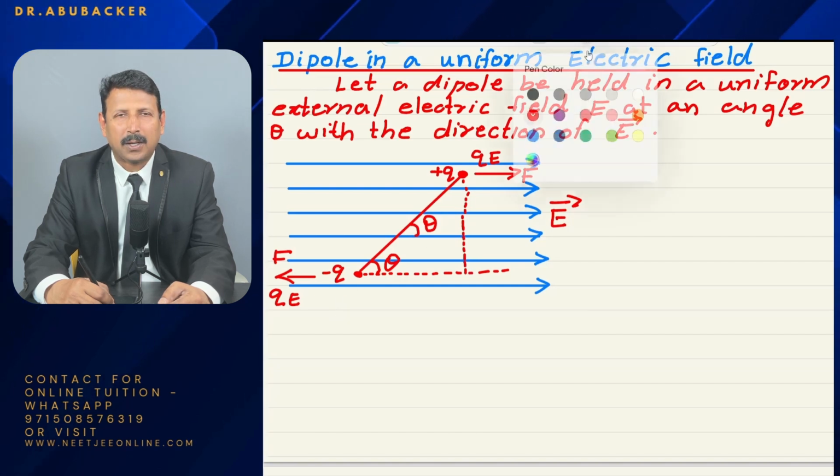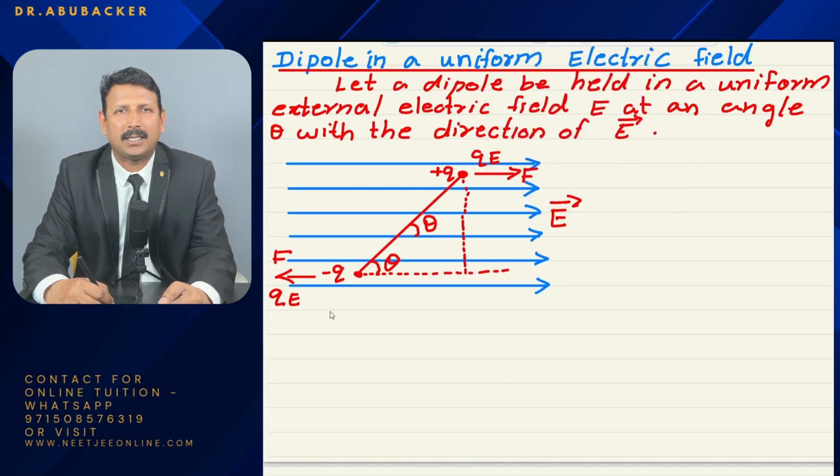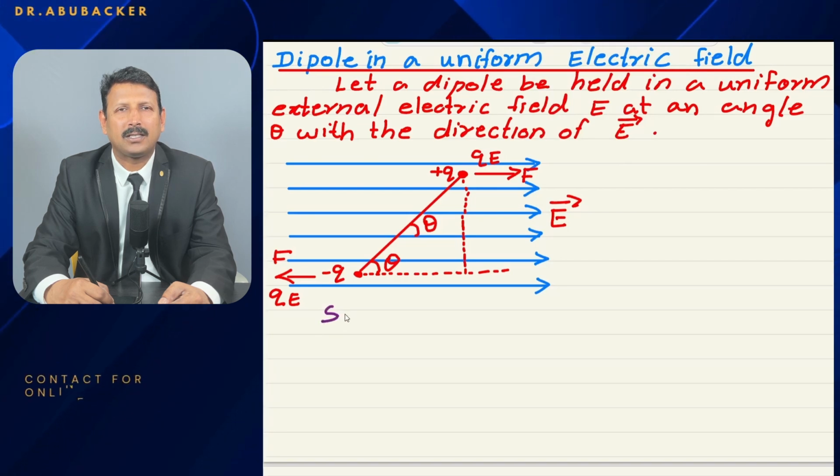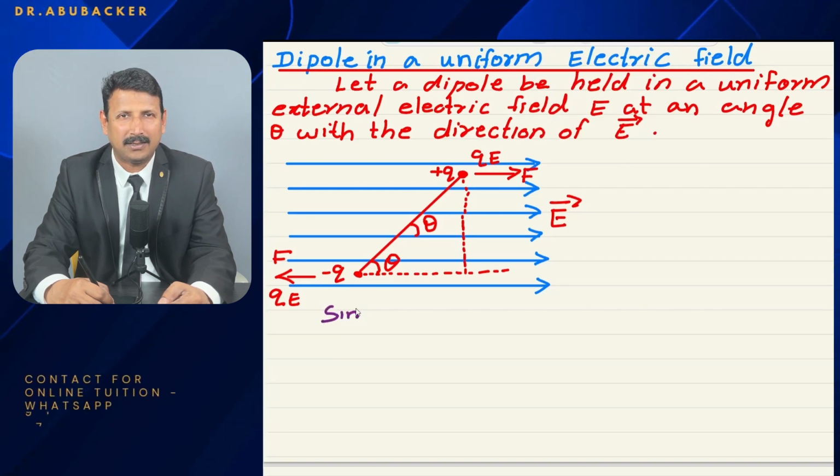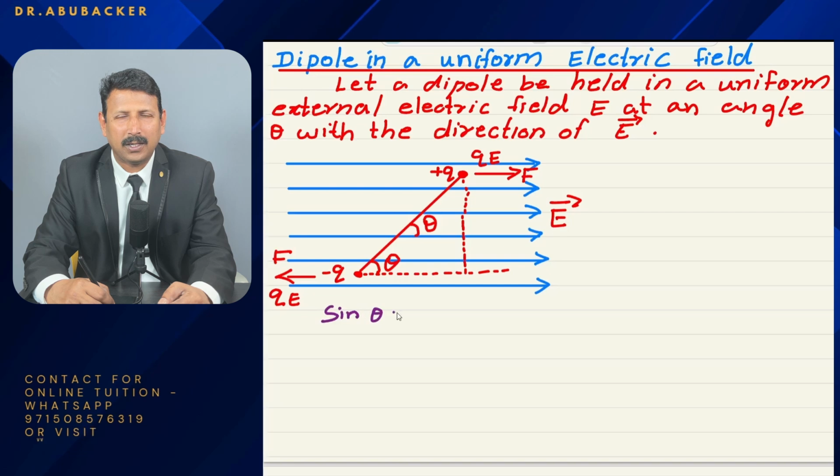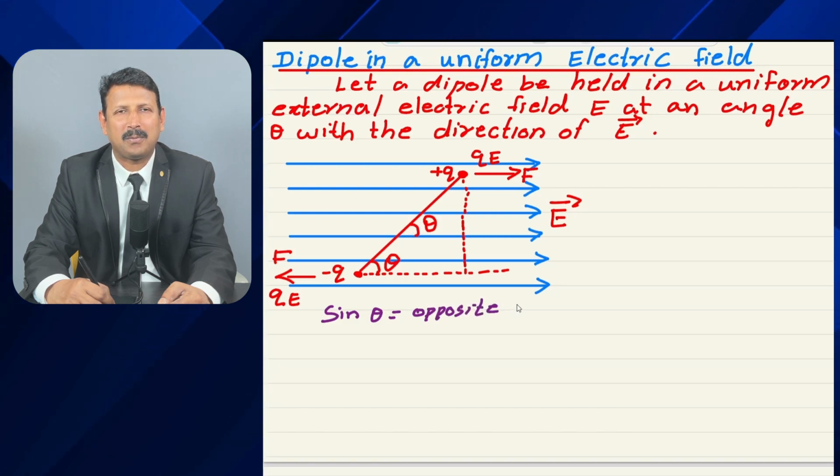We want to get this perpendicular distance when we apply it in the derivation. You can see the dotted line is there. To get that, consider a triangle formed with theta and 2a as the hypotenuse. So sin theta is equal to the opposite side divided by the hypotenuse.